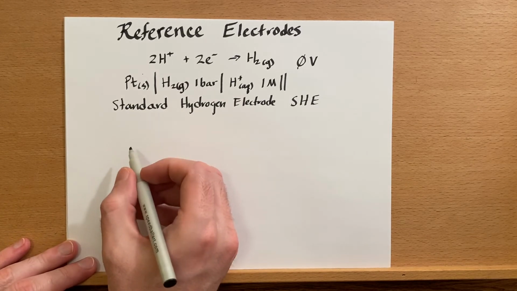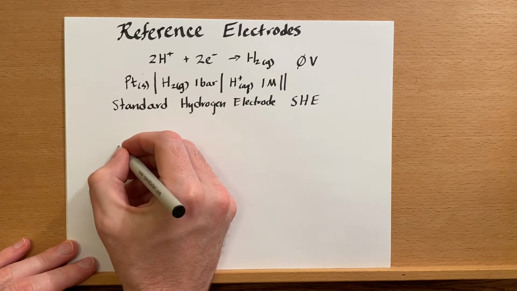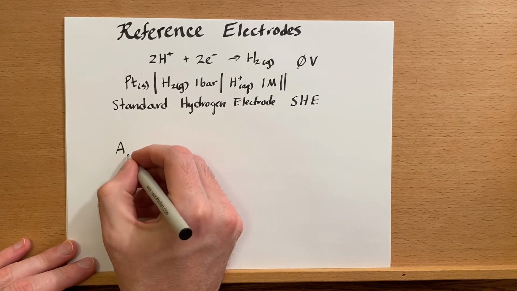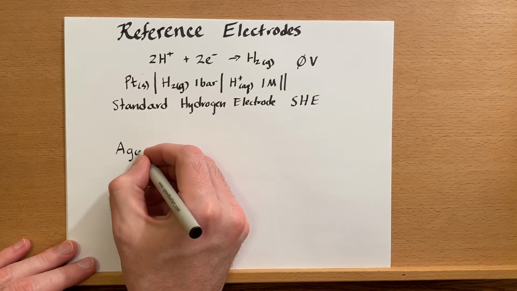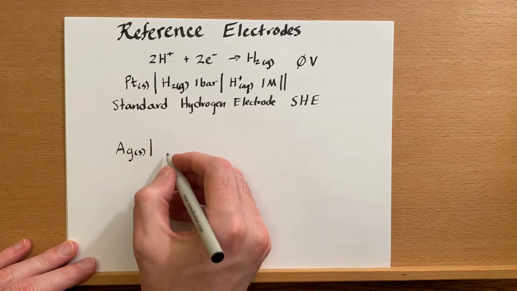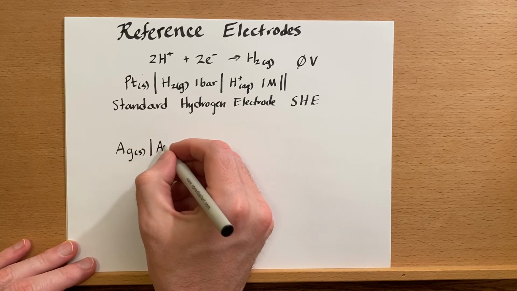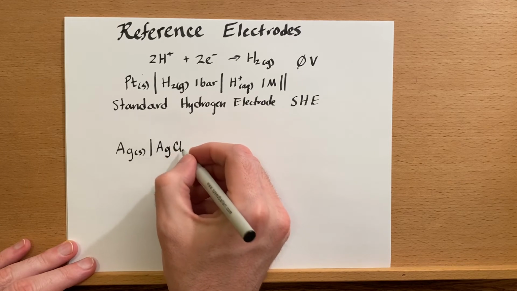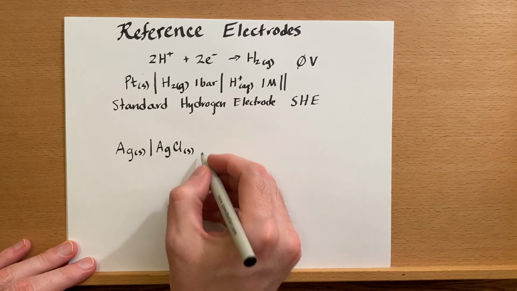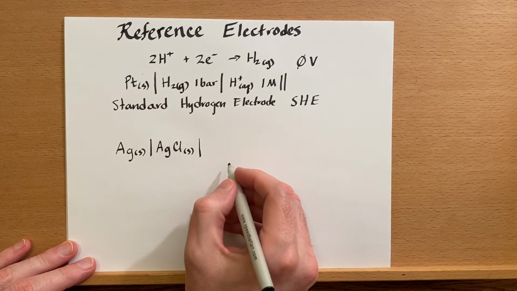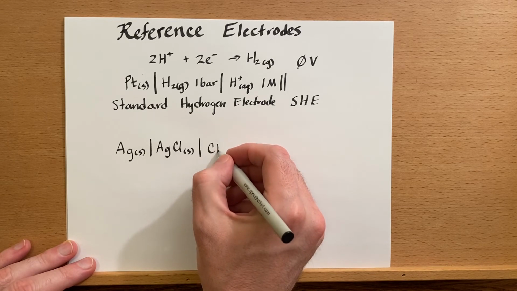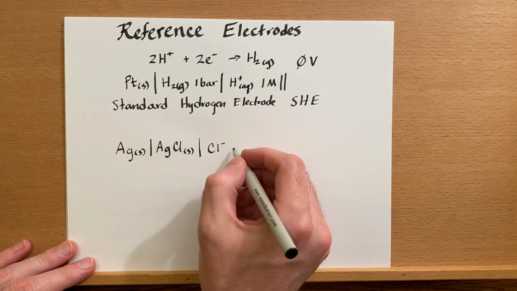And the reference electrode for that has a line notation that looks like this. We have silver metal with silver chloride, solid, and that has a solution of chloride ions in it.